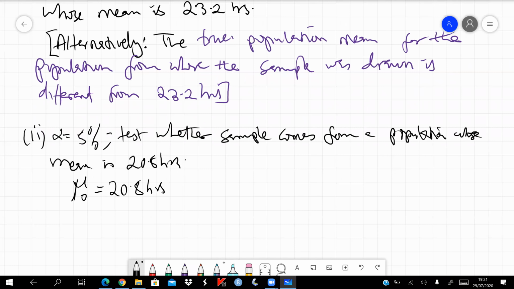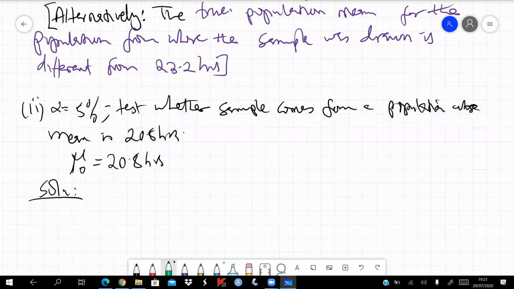So let's define our hypothesis. Solution: H naught is that mu is equal to mu naught, and our mu naught is 20.8 hours. Then H1 will depend on how the question is asked, but must have this value here.